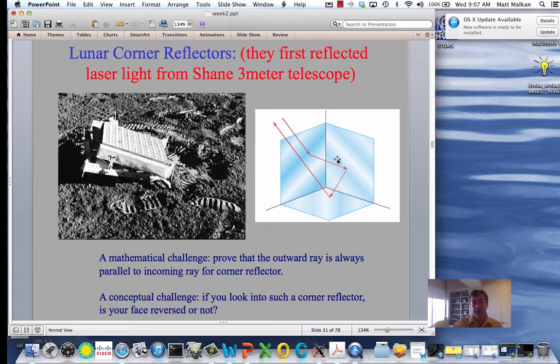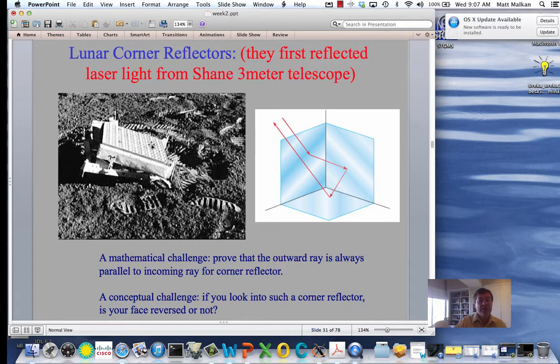After it has bounced off of these 3 surfaces, assuming that they are exactly the 3 faces of a cube, exactly 90 degrees with respect to each other, that mathematically guarantees that the triply reflected rays will be coming back in exactly the same direction as the light rays came in. And that's true if you shoot a laser beam at these cubes from any direction. I could shoot the laser beam down here, they'll reflect it back. I could shoot it down here, they'll come back. Cool. It's almost like a mirror that follows you around, isn't it?